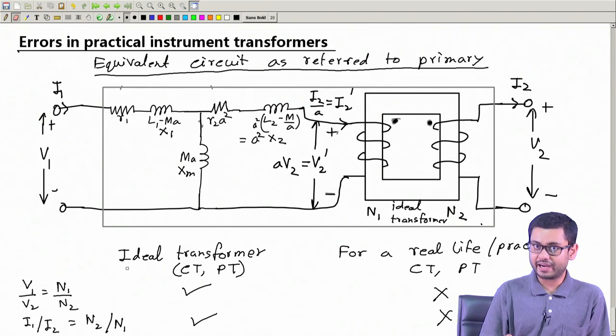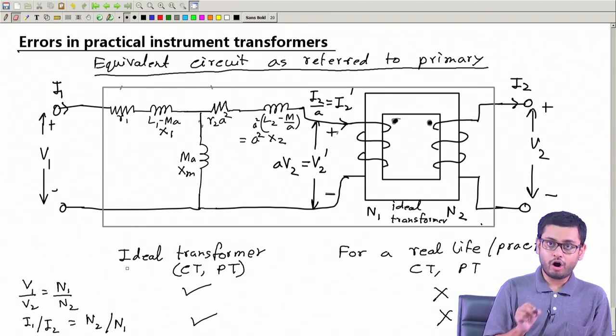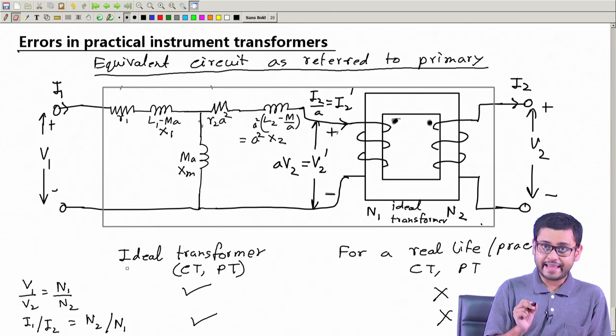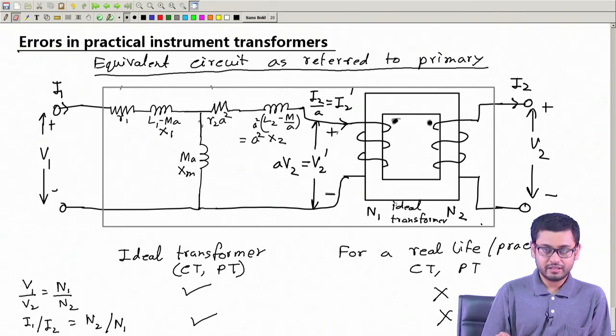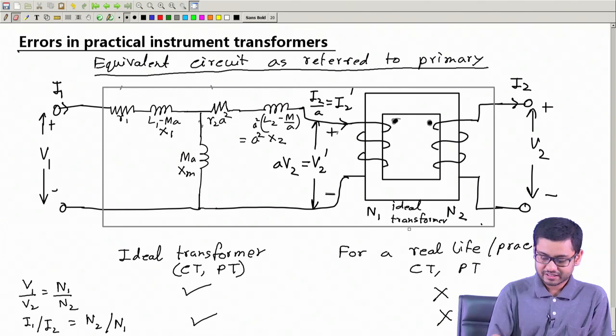We also said that the conductivity of the core is 0, but practical transformers use an iron core and therefore they have core loss. Now I will just tell how to model or incorporate that in this equivalent circuit.